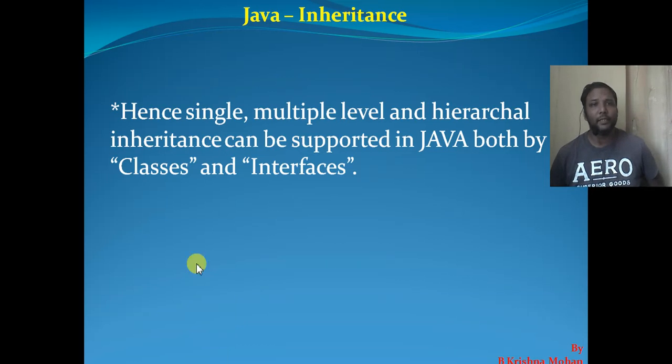Single, multi-level, and hierarchical inheritance are supported in Java both by classes as well as interfaces. While discussing interfaces, I will also discuss this topic about inheritance. So single, multi-level, and hierarchical inheritance are possible in classes as well as interfaces.